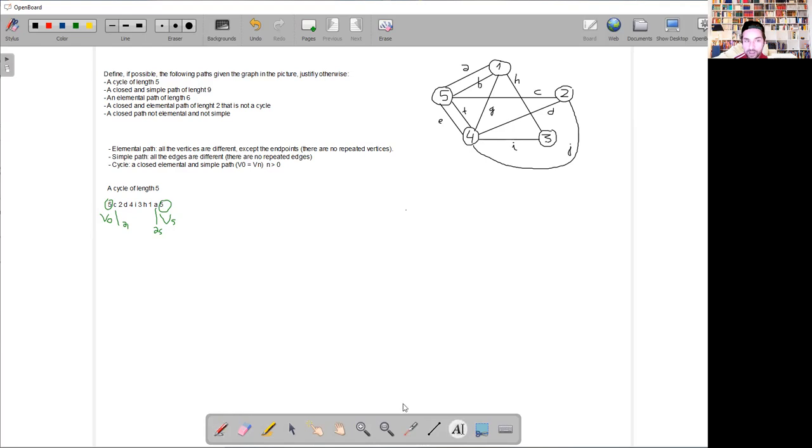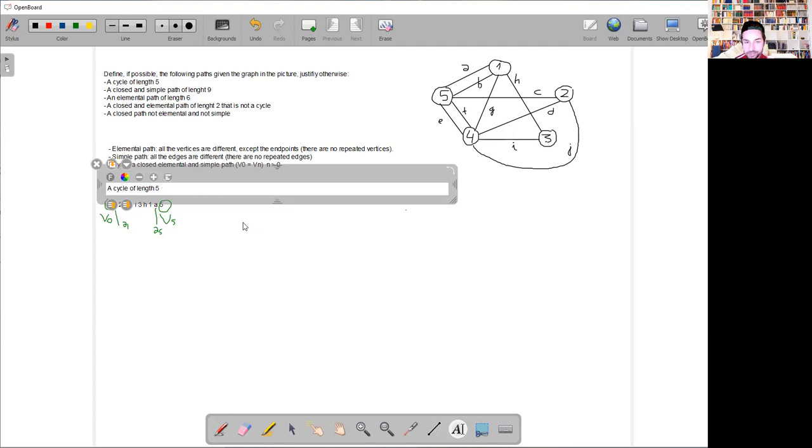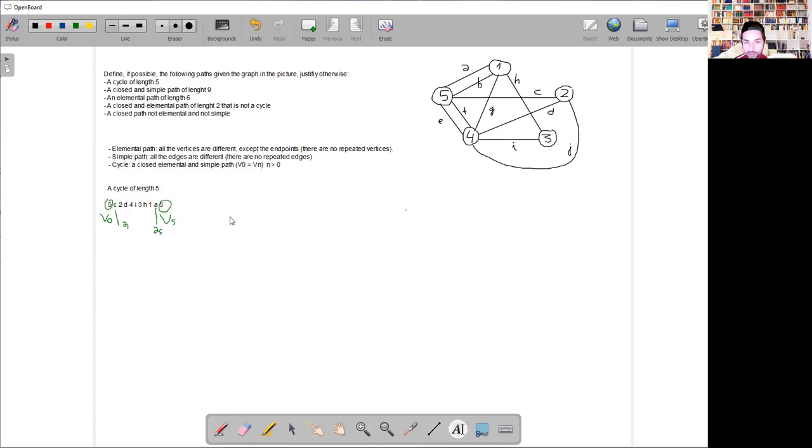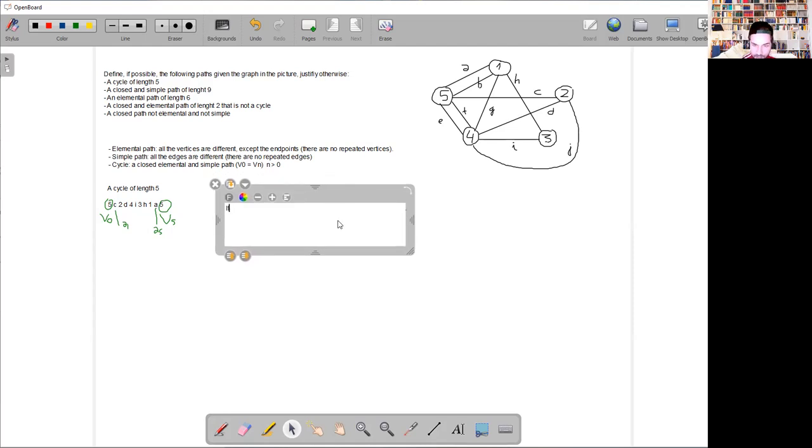So when we have a path of this kind, we are going to see one by one if it meets all the things that we are asked for. So it is a path, because we have a starting node and we have a series of edges and a series of nodes.